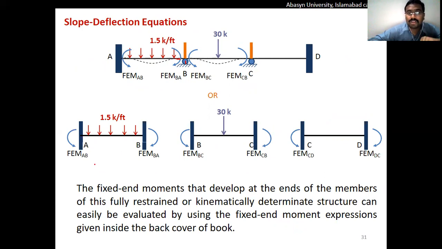So in order to calculate the fixed end moments, we will have three forms: MAB, MBC, and MCD, and all supports are converted into fixed end moments.